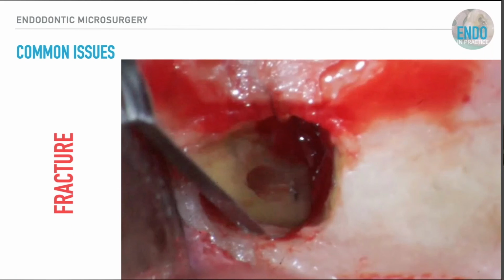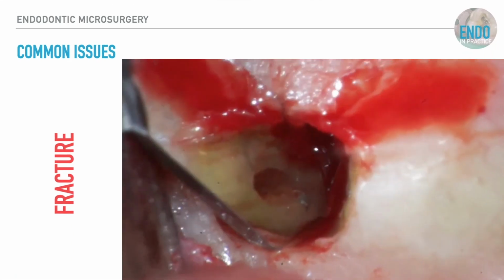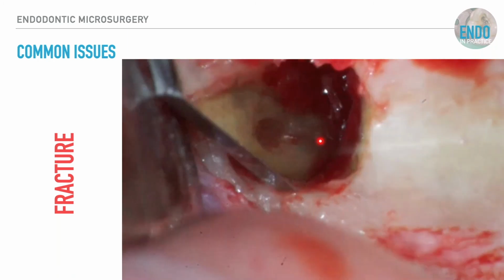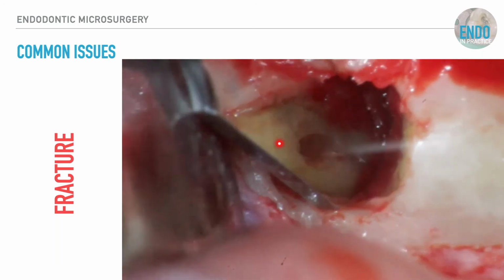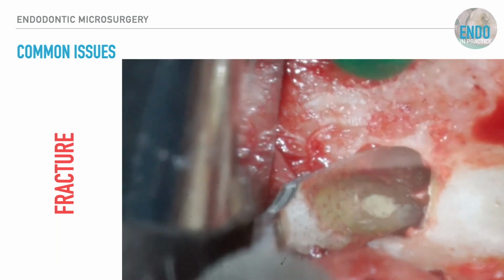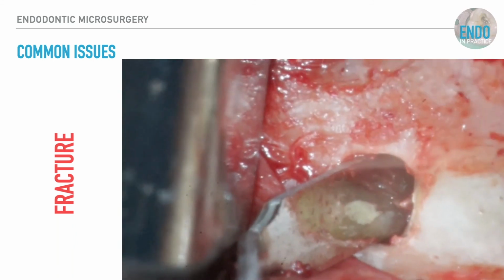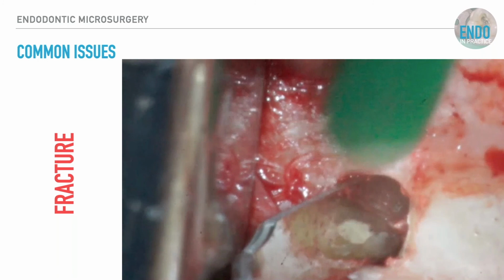But as I said, you can't always identify fractures first time round, and you can just see the fracture line there, then extending up that way. So this tooth has, unfortunately, we haven't been able to identify the fracture preoperatively, but intraoperatively, we have identified a fracture. That's got nothing to do with the ultrasonic preparation.